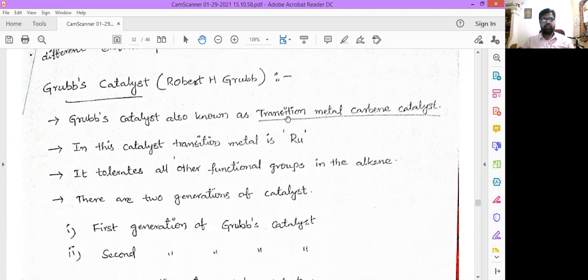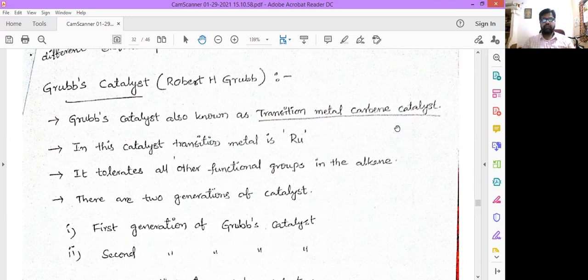So here we use the Grubbs catalyst. Robert H. Grubbs is one of the scientists who developed this catalyst. The Grubbs catalyst is also known as a transition metal carbene catalyst.